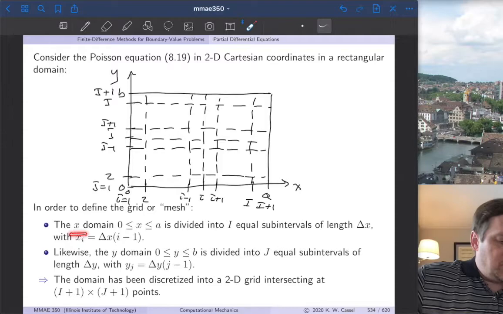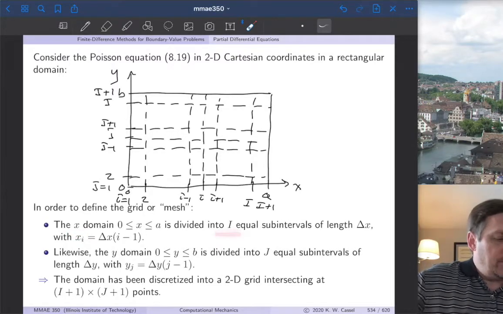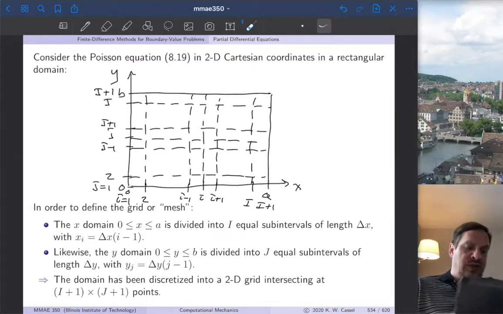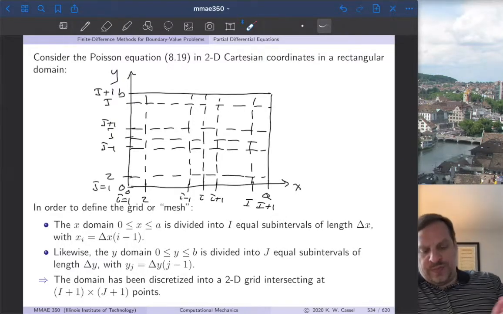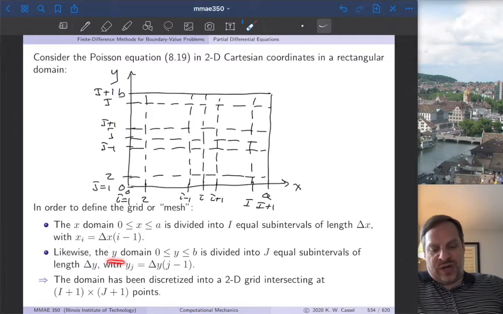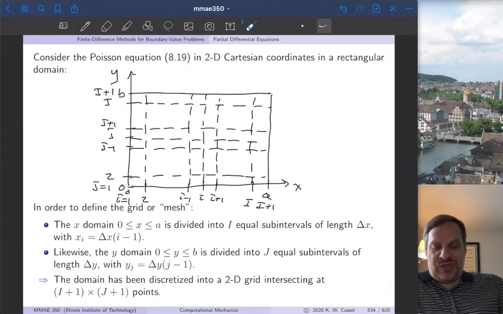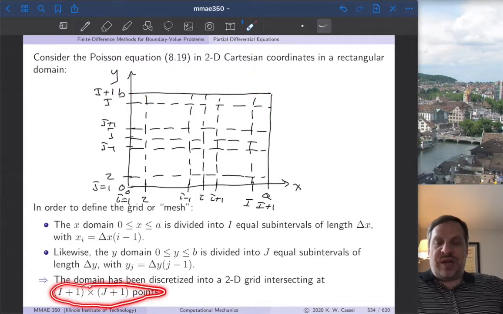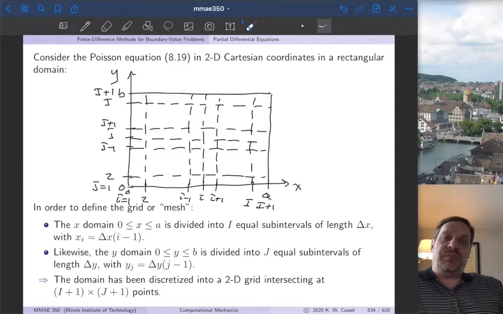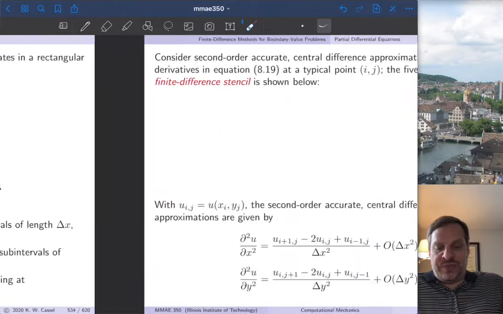So the x domain has been divided up into capital I equal subintervals of length delta x, just like before, but now we do the same thing in y. So y is divided up into capital J equal subintervals to form the delta y. So this mesh then has capital I plus 1 times capital J plus 1 points. So it's many more points, much bigger problem in terms of computer storage, computation requirements, and so forth.